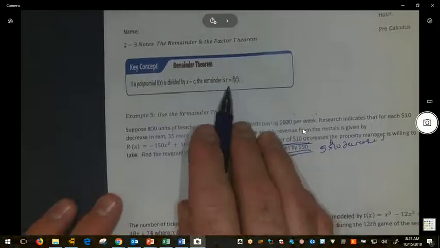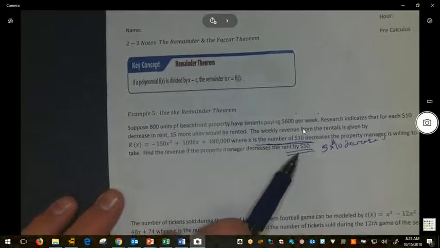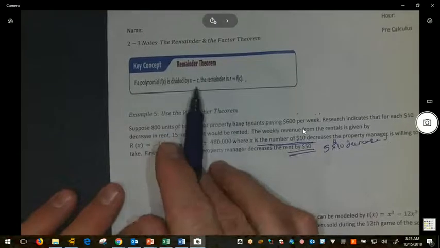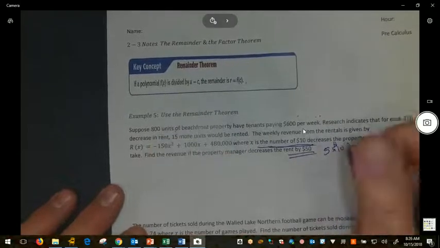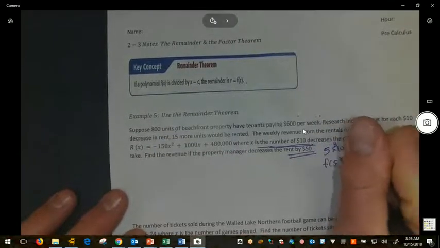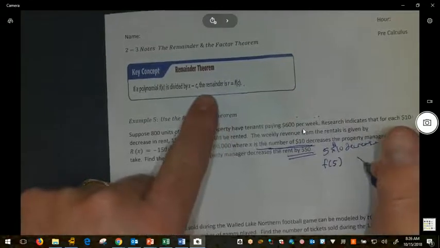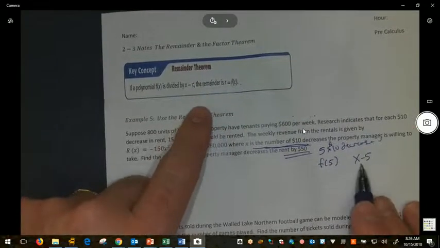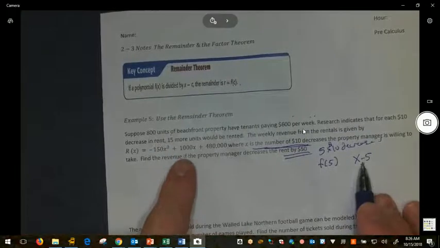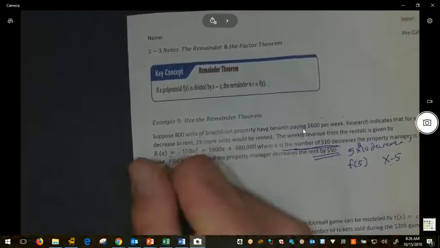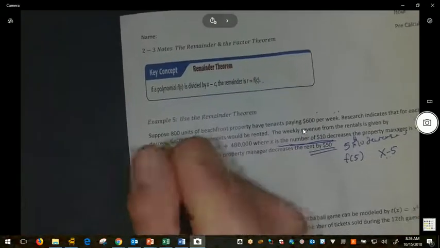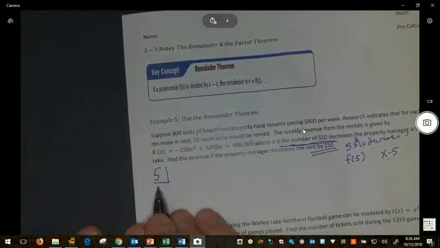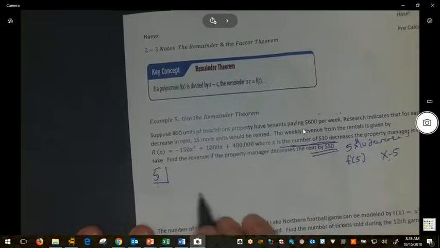So if we want to know what the remainder is, we want to know f of 5, then what we're really asking is x minus 5, what's the remainder when we do x minus 5 through synthetic substitution. So if I put the 5 in here, evaluating 5, I want to know what the remainder is.